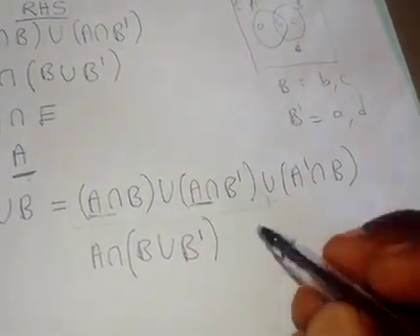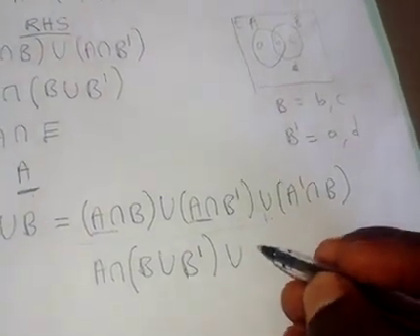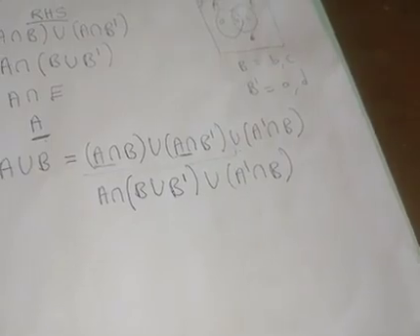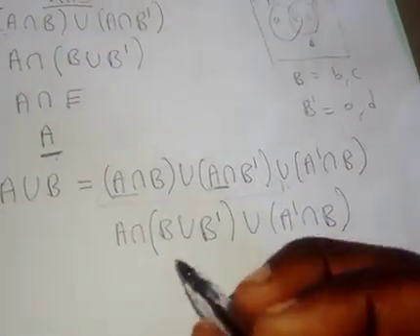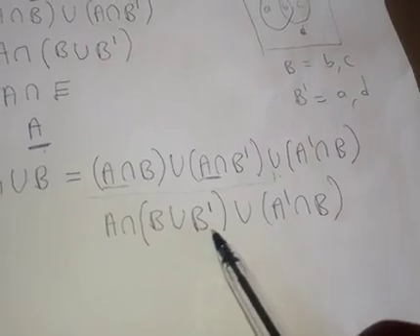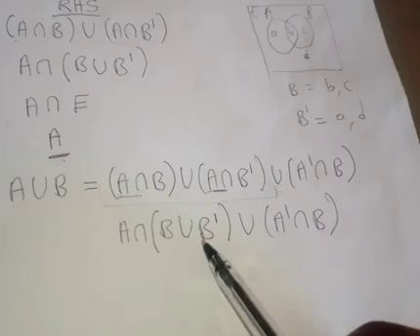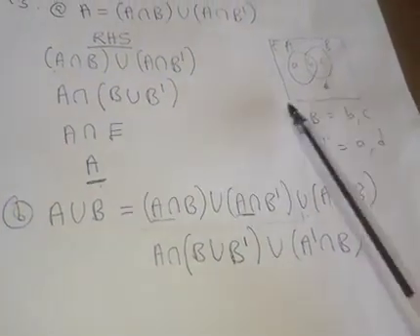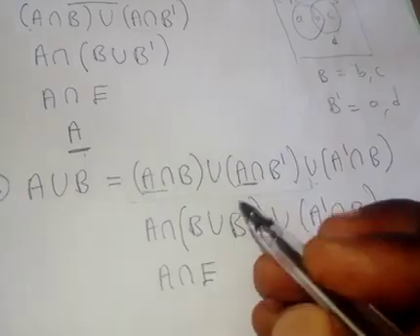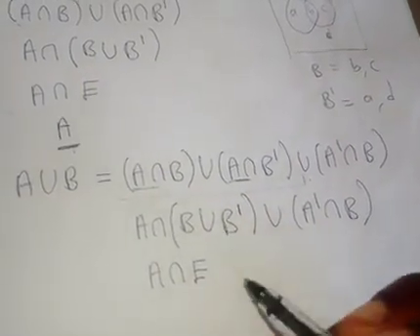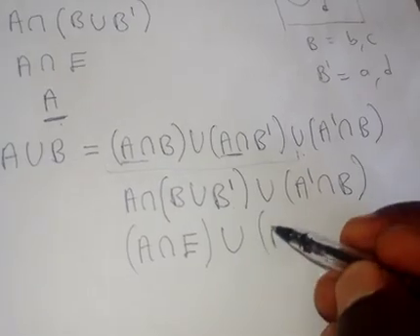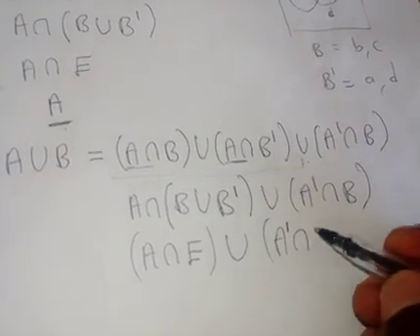Then you just add on union A complement intersect B. Then, B union B complement is a set and its complement, and their union is, as we just proved, E. So this is simply A intersect E, union A complement intersect B.